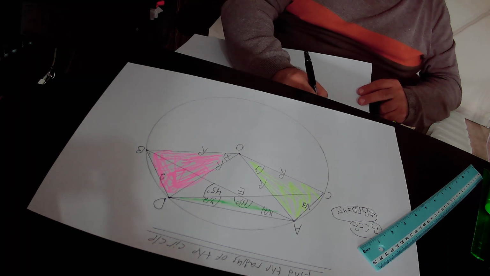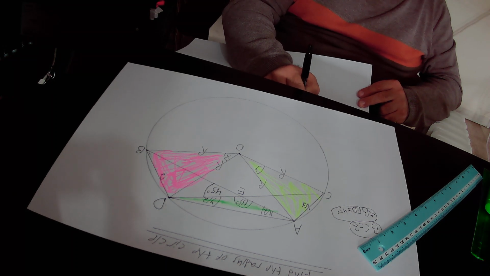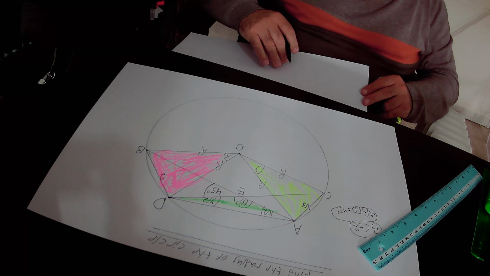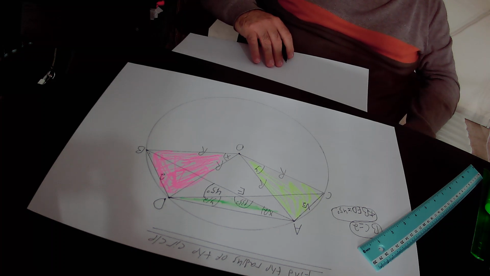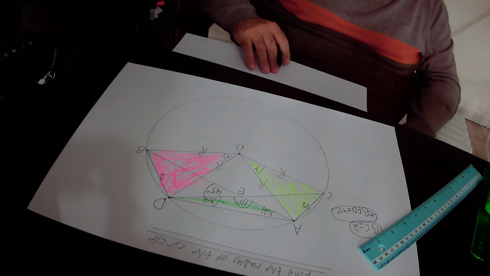Again, cosine y equals sine x, and therefore we substitute cosine y in equation number 2 by sine x.